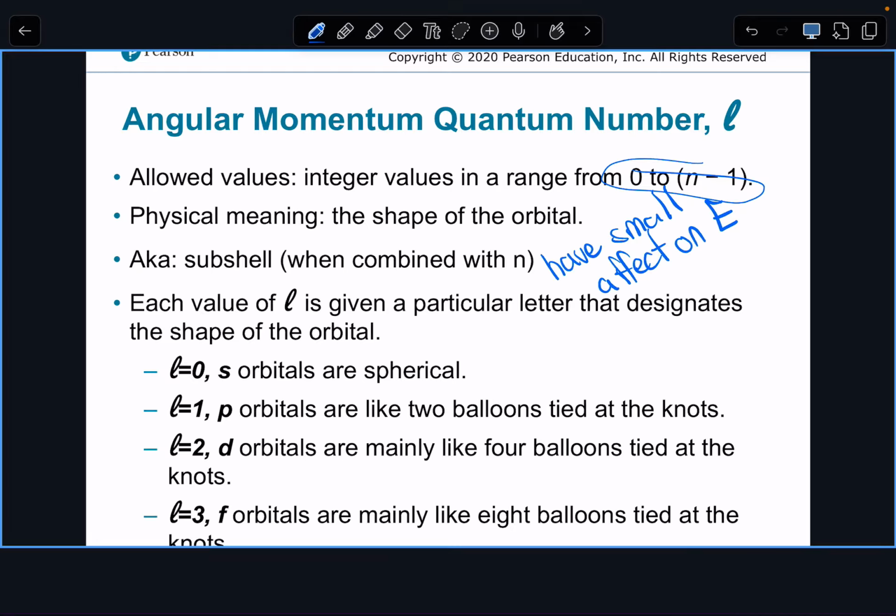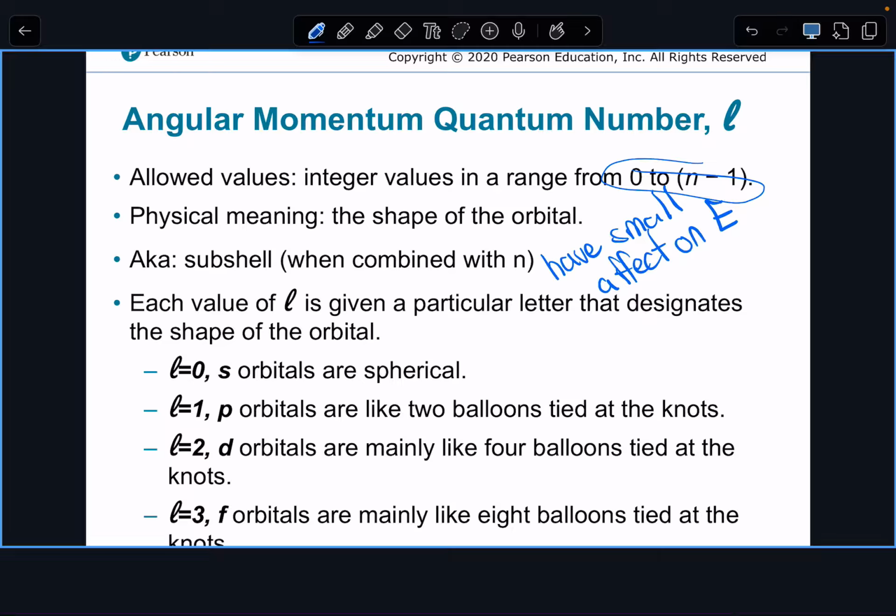Okay, so each n value you add another L value. It's another way of thinking of it. They always start at 0, and then they go up until 1 less than whatever the n value is. Also notice that because they start at 0, the total number of them are the same as the n value. Like in n equals 4, we have 4 of them.